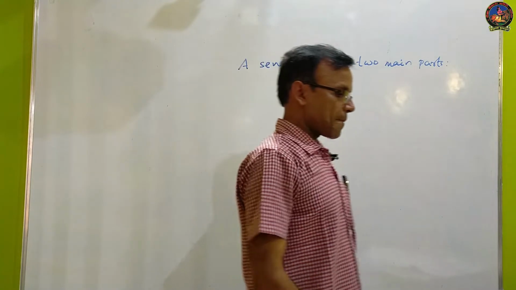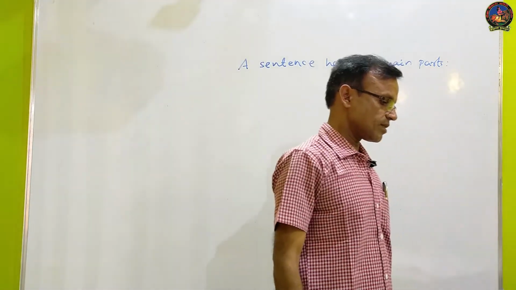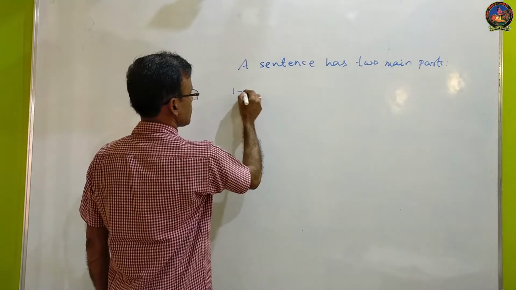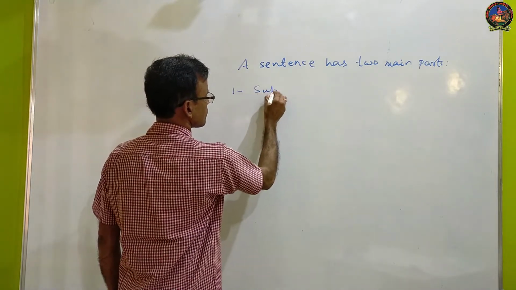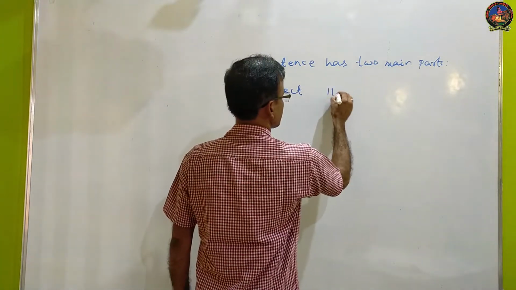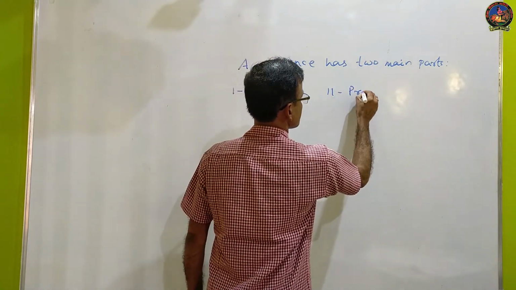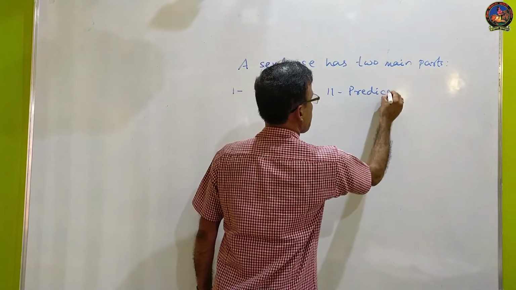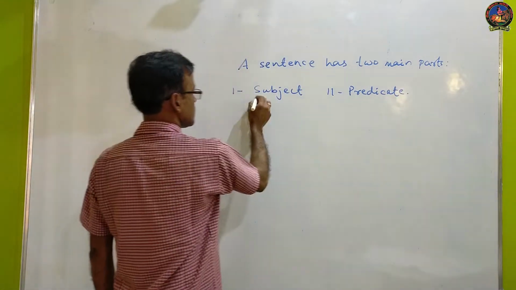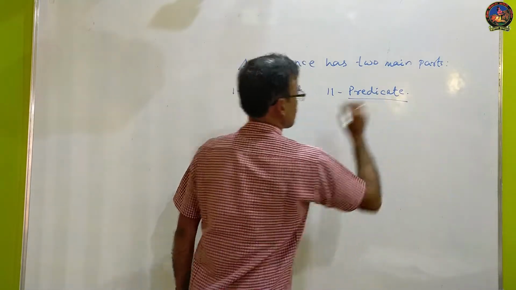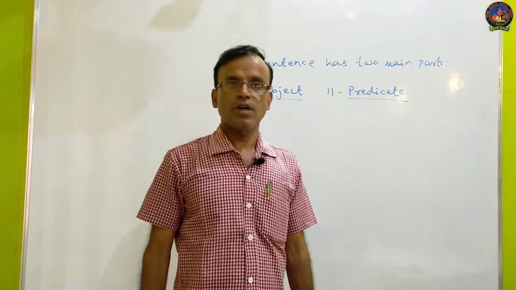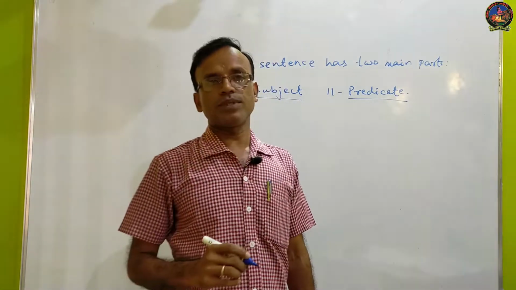What are they? One is the subject and the second one is the predicate. Subject and predicate.